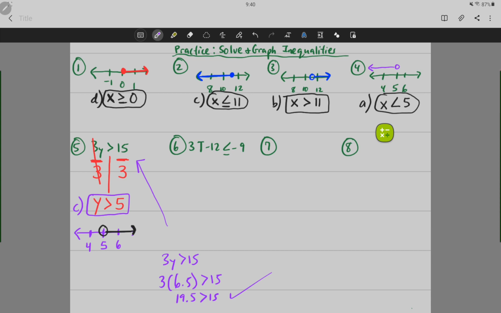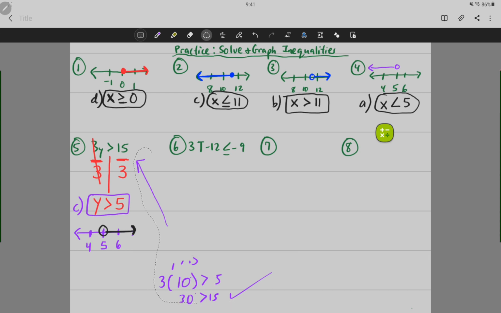If I didn't want 6.5, I could choose something else. Let's say 10. 10 is greater than 5, so I could choose that. 3 times 10 is 30. That's also greater than 15. So as you can see, an inequality will have more than one correct solution. Okay, so that's a big difference between an inequality and an equation.